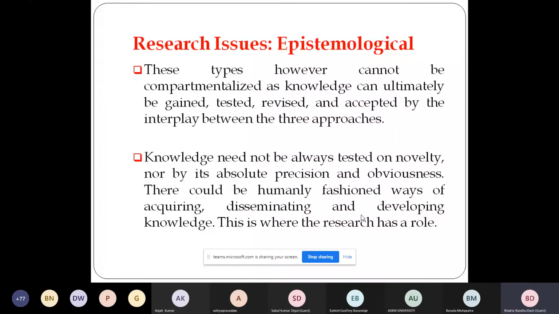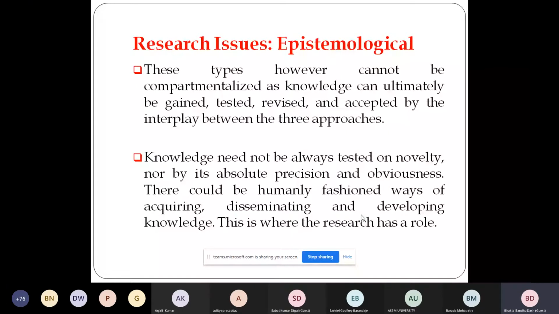There cannot be compartmentalized knowledge, which is ultimately gained, tested, revised and accepted through the interplay of these three approaches. Your research is the interplay of objective, constructive and subjective epistemology. Knowledge need not always be tested on novelty, nor by its absolute precision and obviousness.